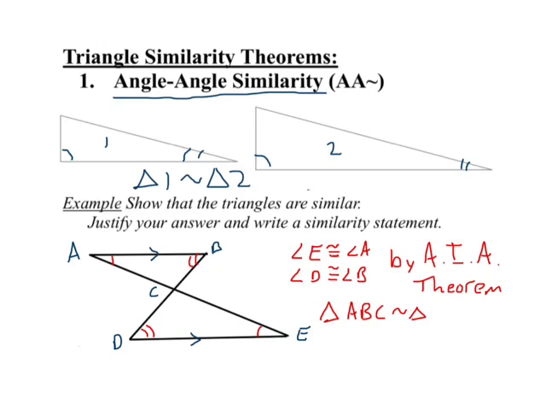A corresponds to E, so that's E, and angle B corresponds to angle D, so that's got to come next in our statement. And then C. And the reason is by the angle-angle similarity theorem. Okay? That's kind of our final answer there.